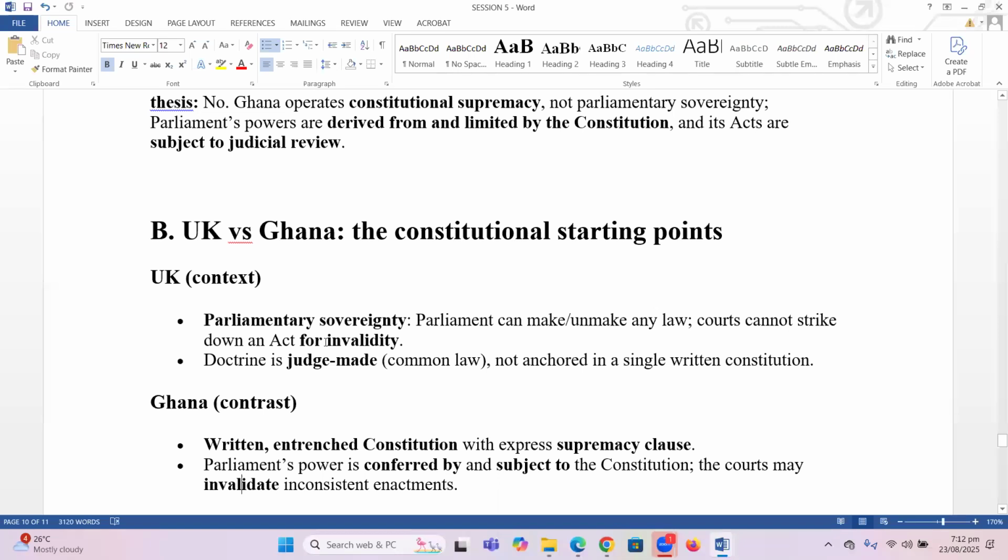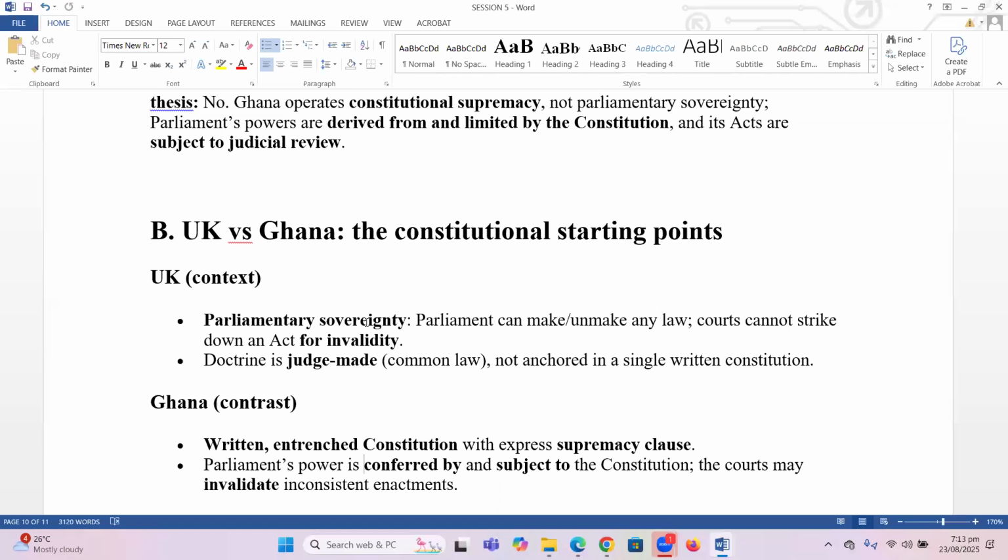So we have a written constitution, and we have entrenched provisions on matters relating to Parliament. And the Constitution is supreme. As you know, we have the supremacy clause. So the powers of Parliament are conferred by and subject to the Constitution. For that matter, the courts may invalidate inconsistent enactments.